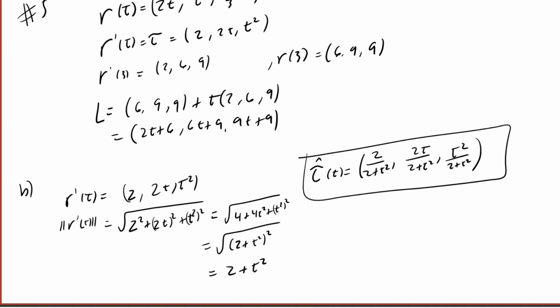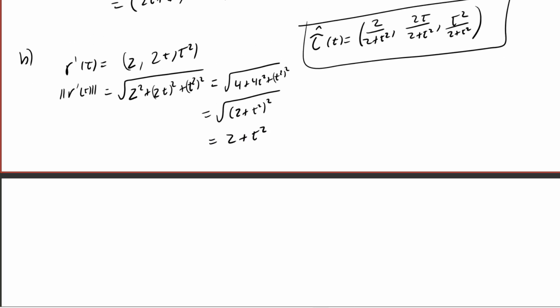I still need to find the principal normal, which I will do by finding the derivative of this unit tangent vector. So the principal normal at t is going to be, for the first component, low d high minus high d low over low squared, so 2 plus t squared squared.